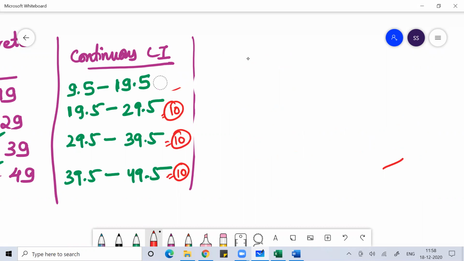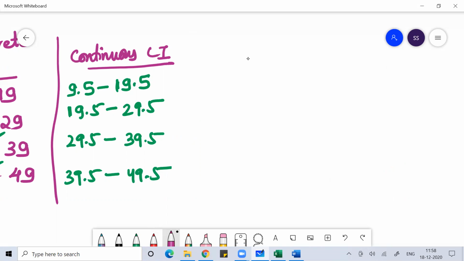Now the next thing you can keep in your mind is the class mark.